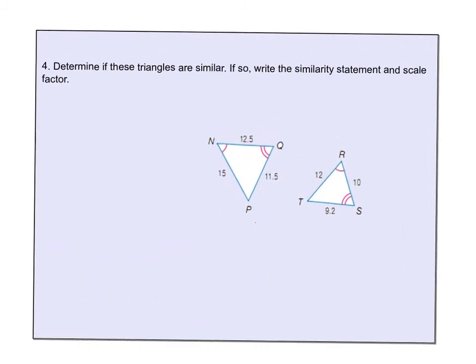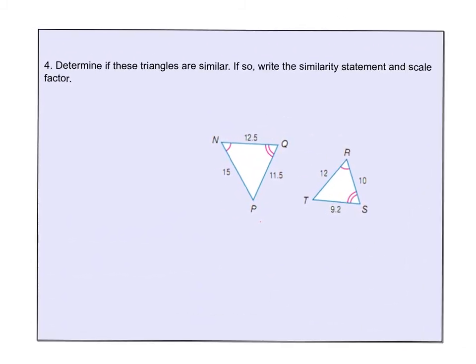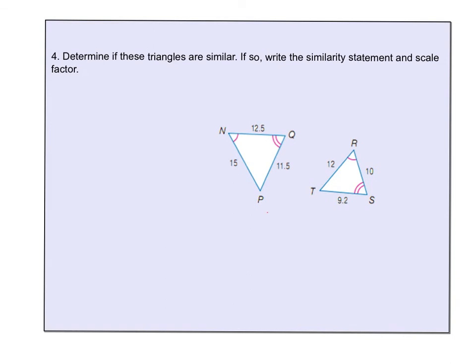Now let's look. Are these triangles similar? If so, write the similarity statement. Here we have N matching up to R, and Q matching up to S. Those two are congruent just based on their markings.